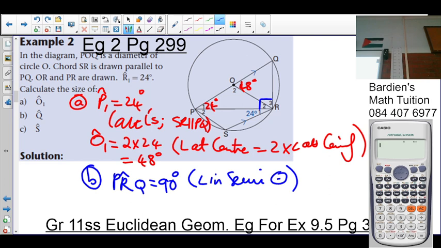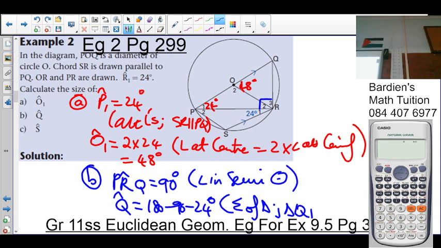Now we can say that angle Q is equal to 180 minus 90 minus 24 degrees. Why? Sum of angles in a triangle, and it's triangle QRP. Again, you don't have to name the triangle. So angle Q works out to be 66 degrees. You all okay with that?